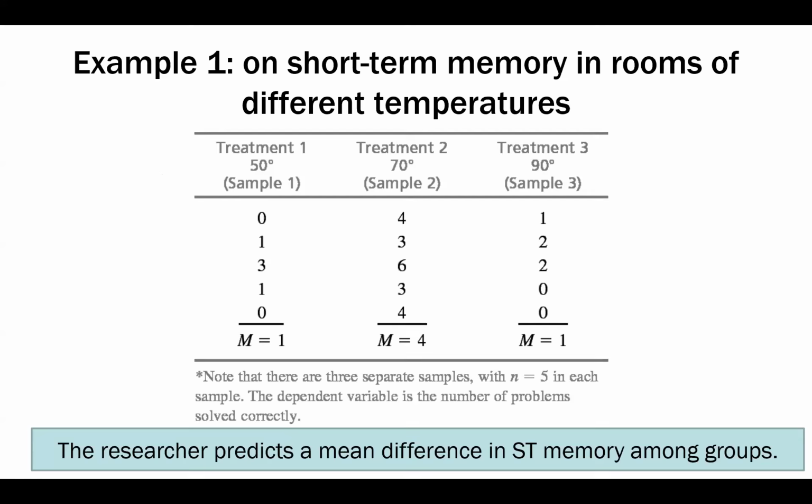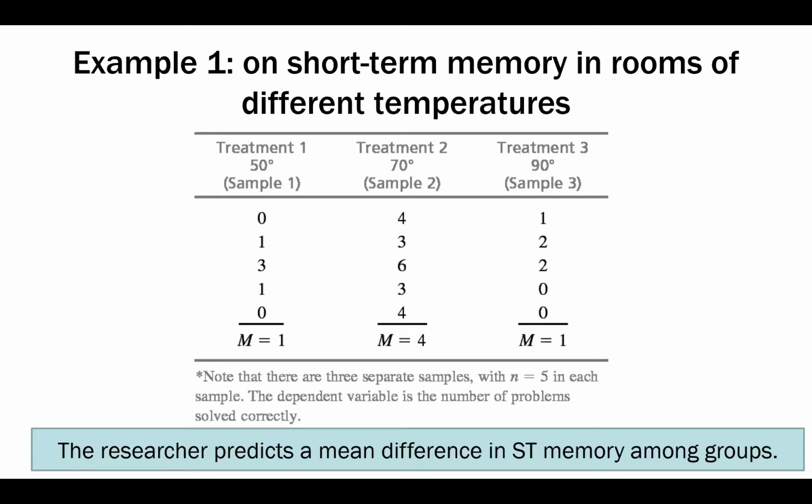One group engages in learning in a room that is heated to 50 degrees Fahrenheit, another in a room heated to 70 degrees Fahrenheit, and the third in a 90-degree room. There are 5 cases within each group. The researcher predicts that there will be a mean difference in short-term memory among groups. There's no hypothesis about specific directions of difference. It's an omnibus hypothesis that there will be some difference.